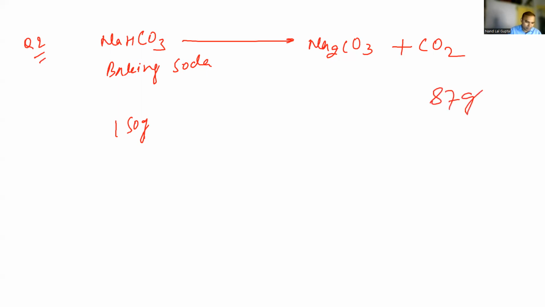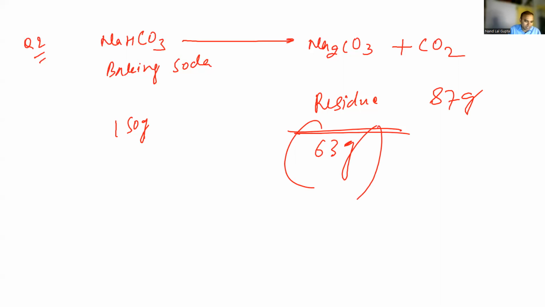So they are asking what is the mass of residue? This is residue, Na2CO3, so this is going to be 63 gram. I hope this is very easy. Nothing to teach in this case. I will send you the problem. You can go and try this one by your own self.